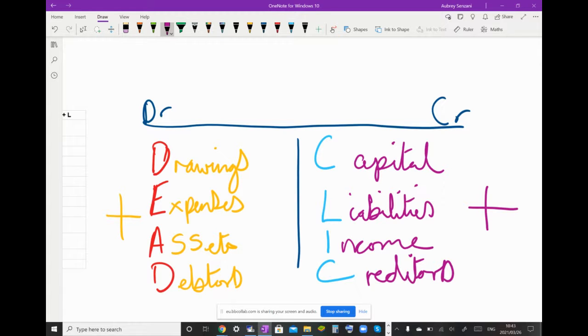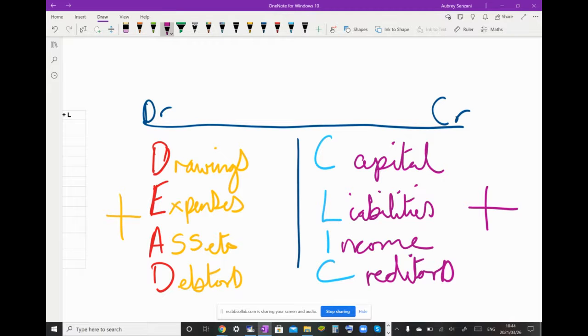Then we go over to the right side, where we have capital, liabilities, income, and creditors. Same principle. Whenever these increase, we credit those specific accounts. Whenever they decrease, or we're reversing them, we debit those particular accounts. Everybody happy?